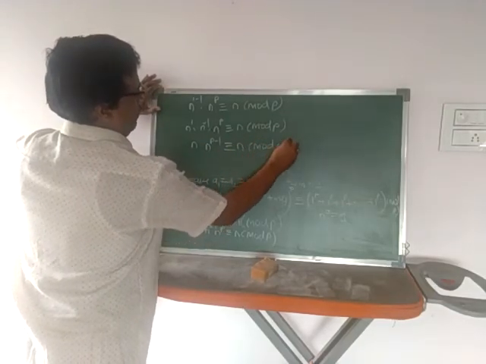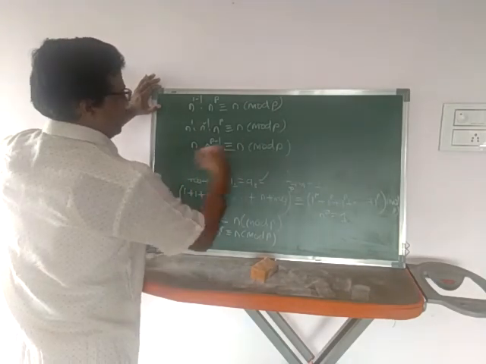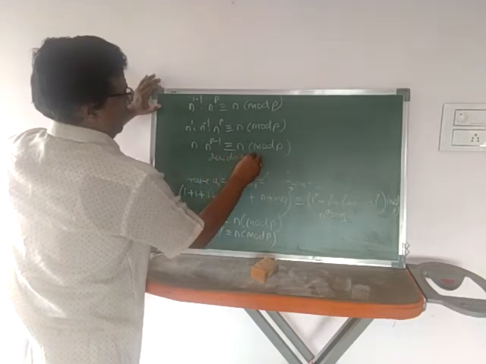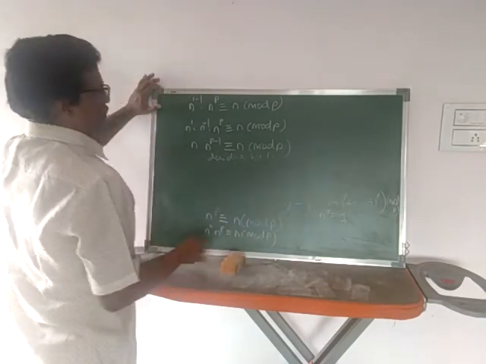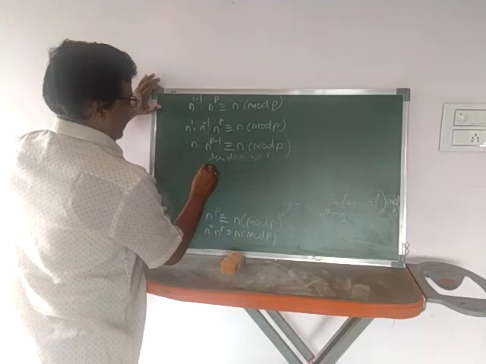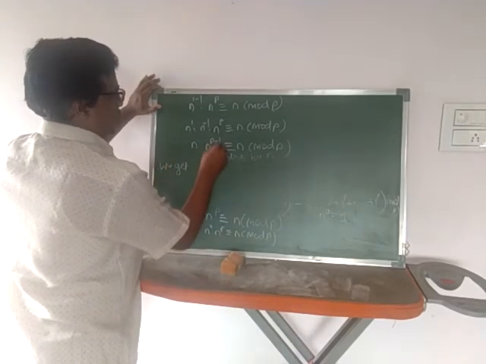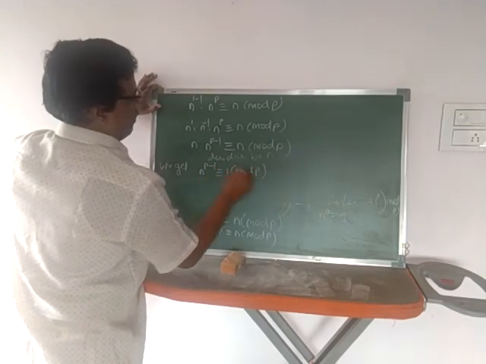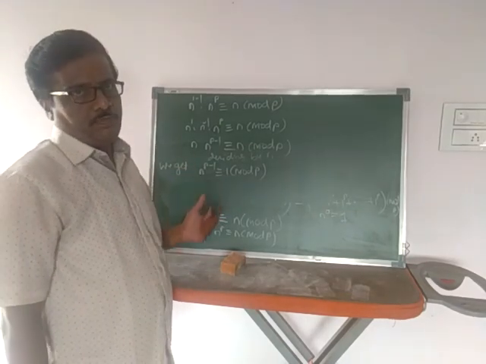Now dividing throughout by n. So here n gets cancelled and here n gets cancelled. So we get n raised to p minus 1 is congruent to 1 mod p. So this is the Fermat's theorem. Thank you.